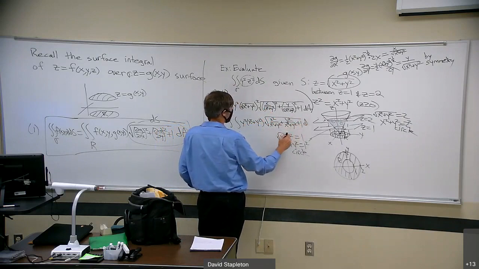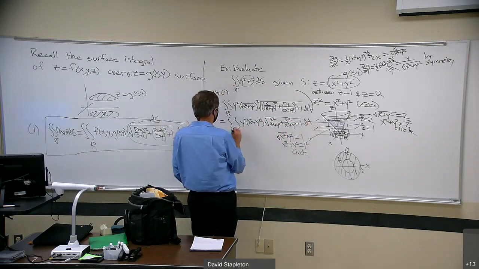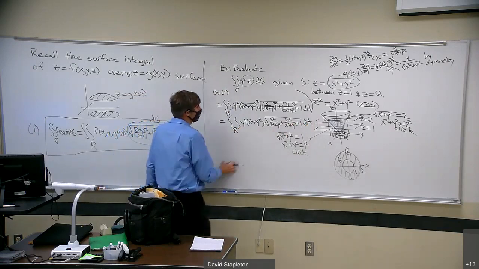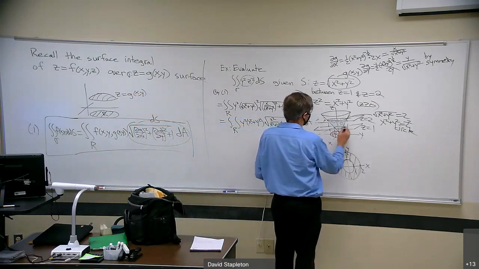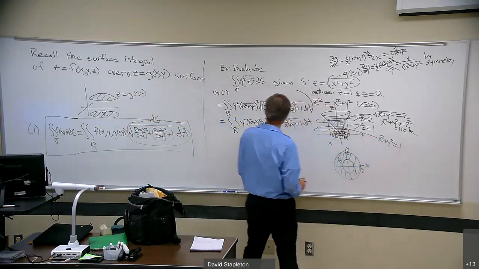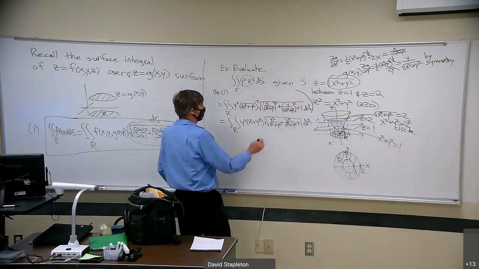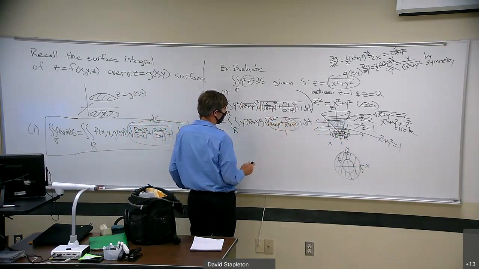And then dy and dx, or, all right, let's just put dA for this stuff, in my other circle. And now observe that these added together are just 1.